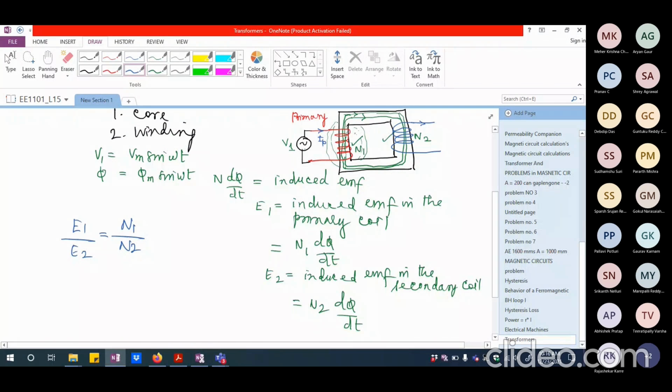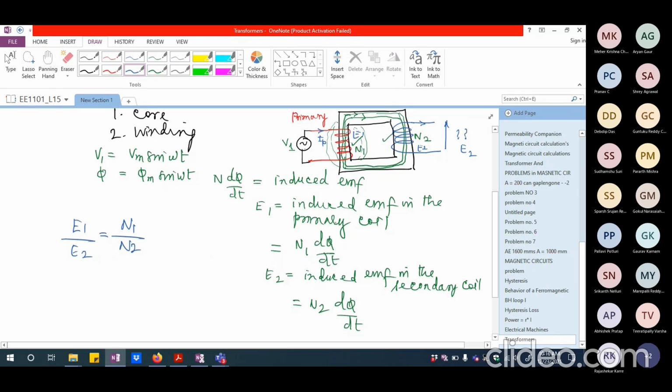If the induced EMF here is E1 and the induced EMF here is E2, and I put a voltmeter here and measure the voltage, that will be the same as E2, isn't it? So the terminal voltage seen on the secondary coil and the induced EMF seen on the primary coil, if I take the ratio, it will be essentially N1 by N2. So this is the way the transformer action works.